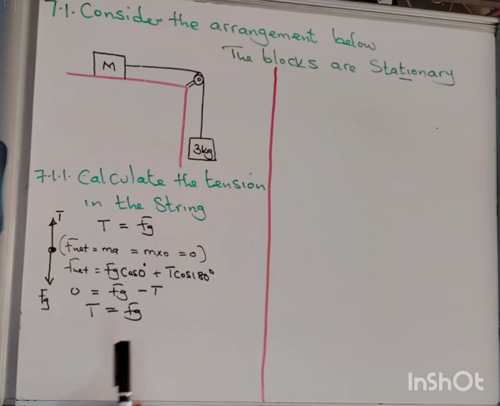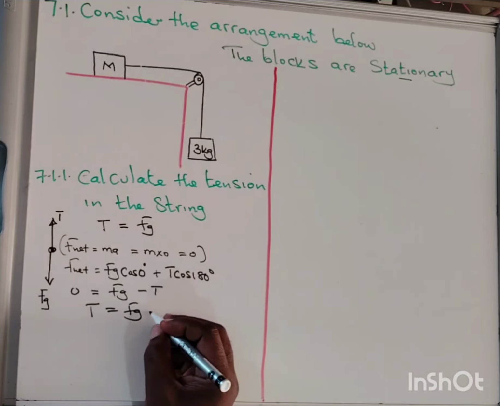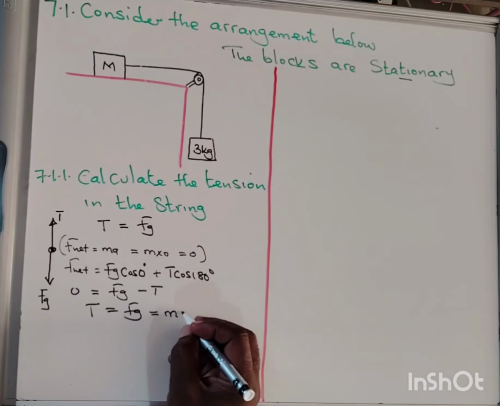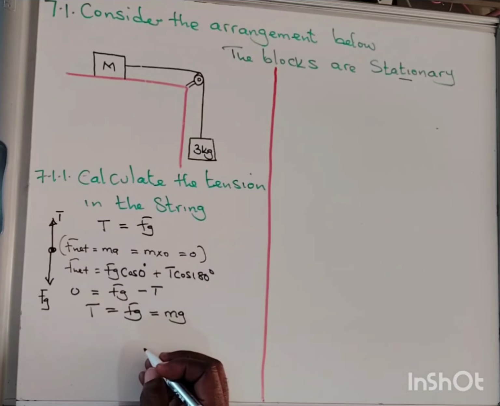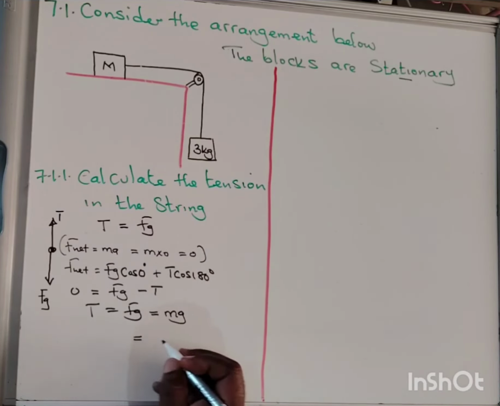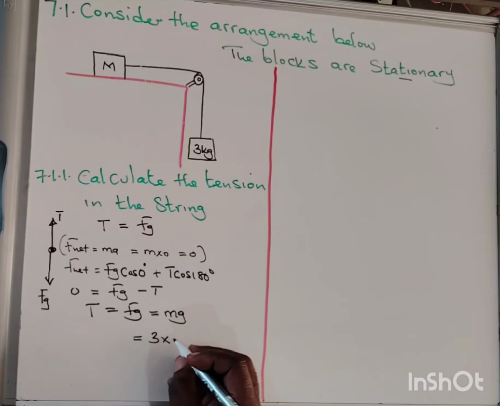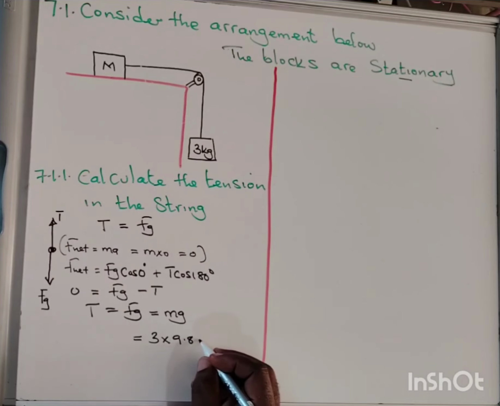So if this is true, that T is equal to Fg, how do we proceed from here? We are going to say this is equal to mg. Do we know m? Yes, we know it. m is 3. Do we know g? Yes, we know it. It's 9.8.